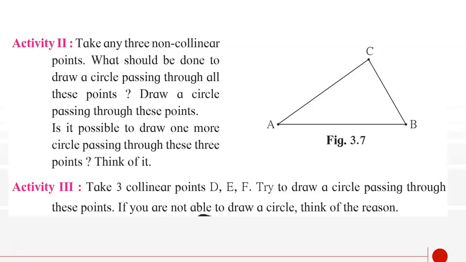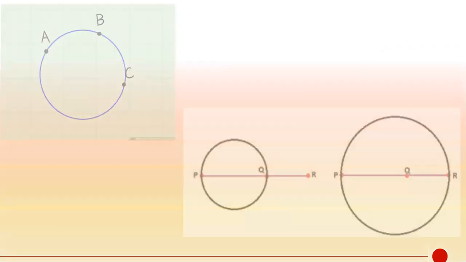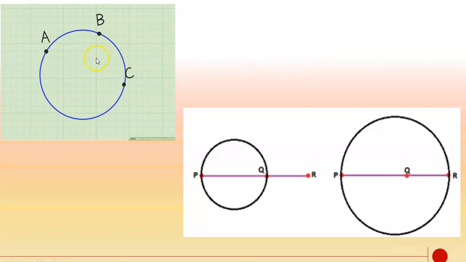Yes, if they are at equal distance from the center. Now draw a circle passing through these points. Is it possible to draw one more circle passing through these 3 points? Think about it. We can have a figure something like this over here.